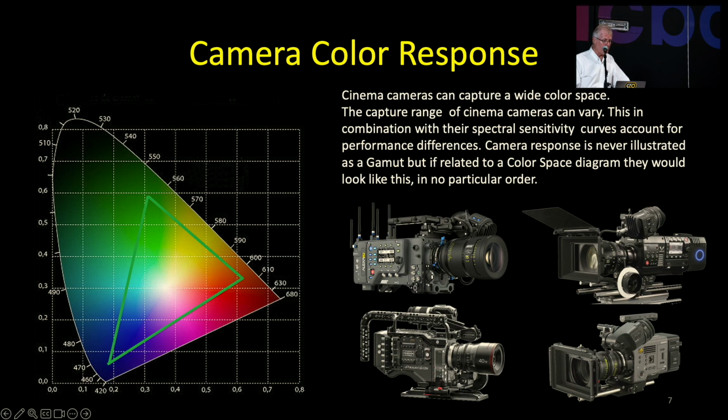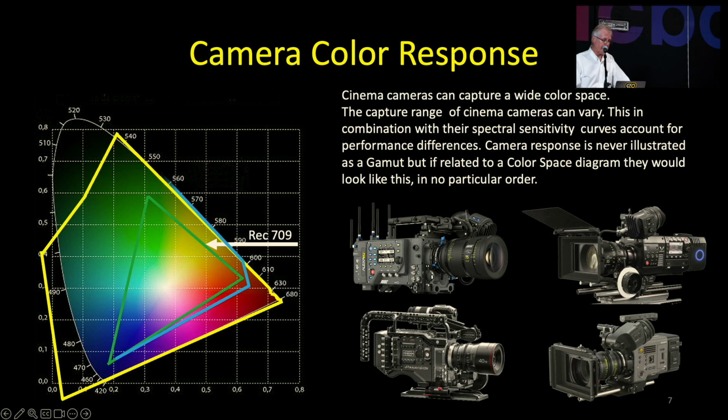So in no particular order between these four cameras, this is sort of what they look like. Again, it's of academic interest because ultimately whatever gets outputted is going to be in an output gamut that is going to be displayed. So that gives you a little preface into where we're going.